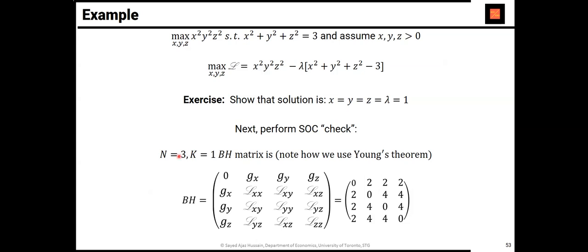Since n is equal to 3 and k is equal to 1, your bordered Hessian matrix consists of the following terms. Here's the only constraint differentiated with respect to x, y, z. Only constraint differentiated with respect to x, y, z. And of course, here's your Hessian of the Lagrangian function.